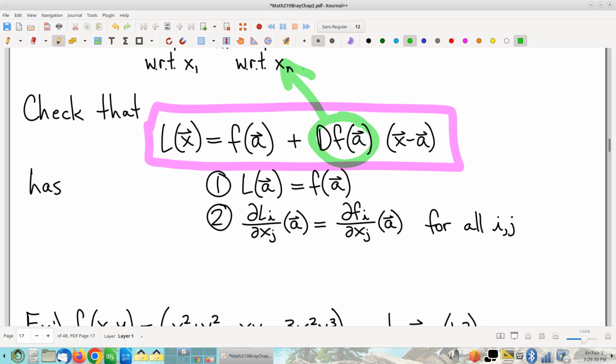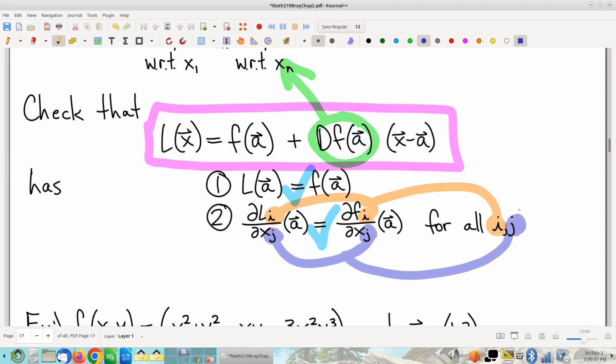And I assert, and y'all will confirm for yourselves, that this formula agrees with F in value and in all of its partial derivatives. That is, L and F, all of the output components, their partials with respect to all of the input components, are all the same.